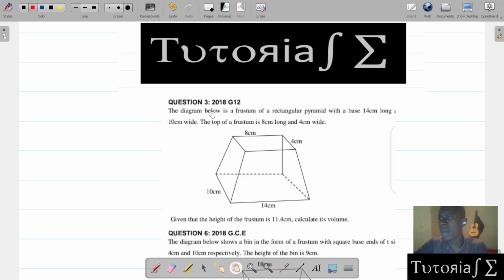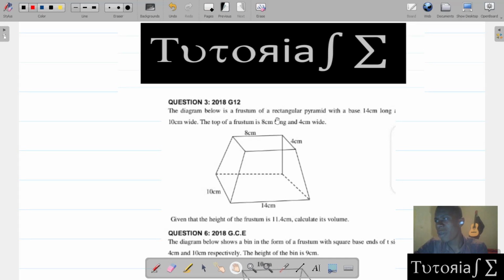the diagram below is a frustum of a rectangular pyramid with a base 14 centimeters long, 10 centimeters wide. So that is to say, the base here is a rectangle. Even though this looks like a square visually, it is a rectangle, okay?